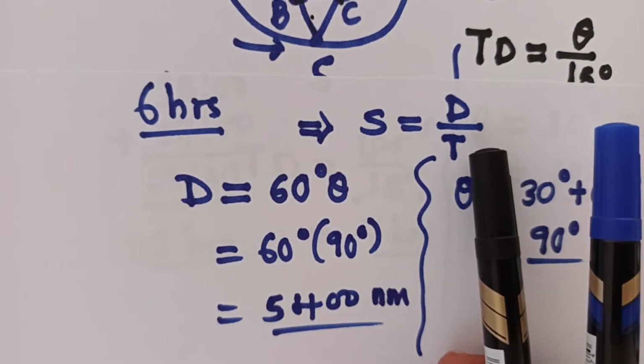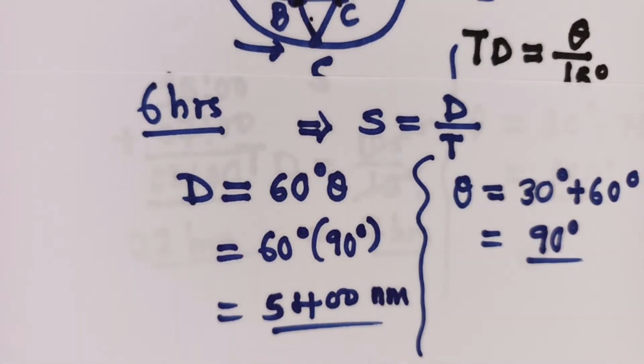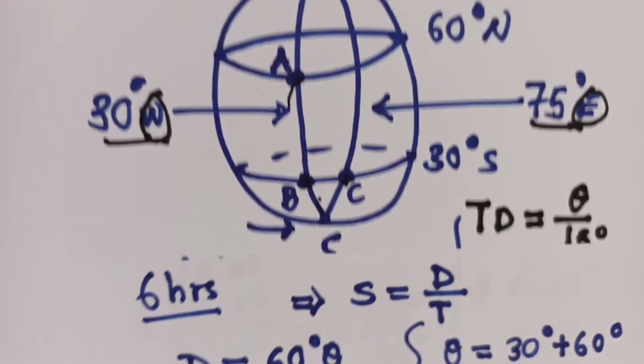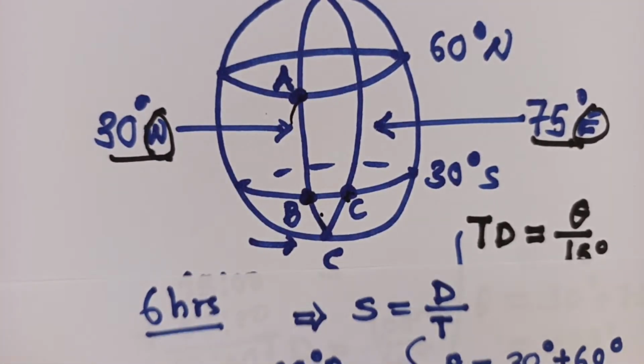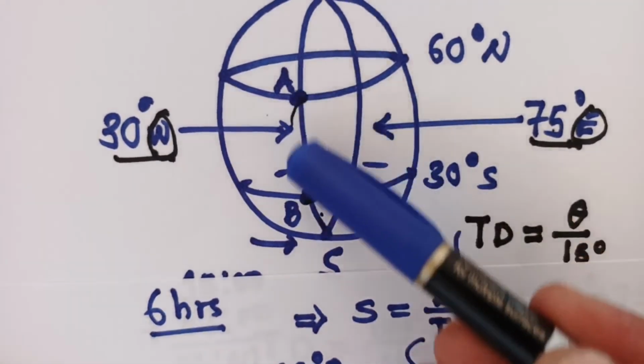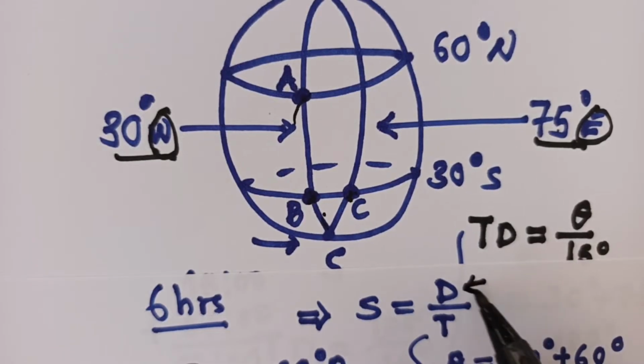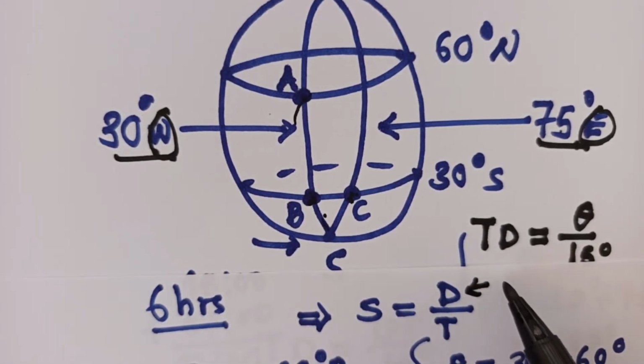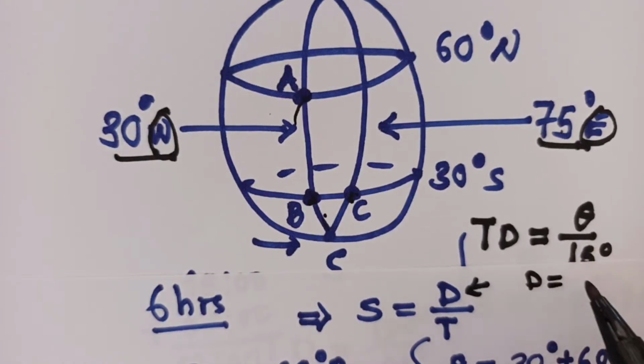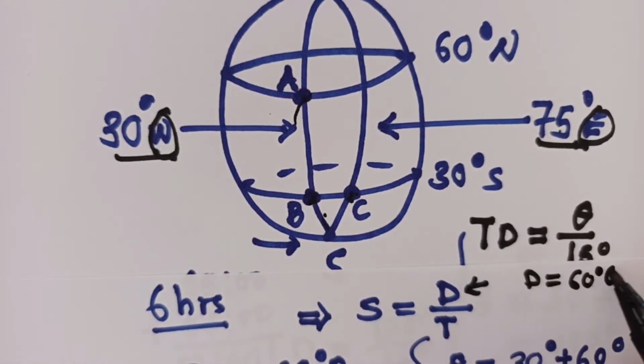And if the speed is happening along the longitude, so you can see the speed that we are looking for is happening along the longitude like this. For you to find this distance that you need to use right here in this formula, you're supposed to say distance is equal to 60 degrees multiplied by theta.